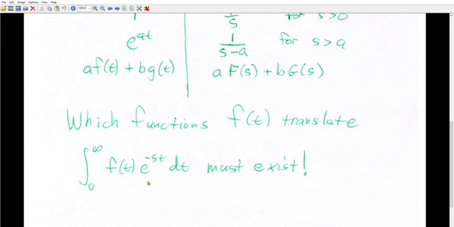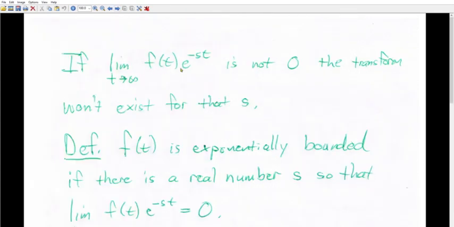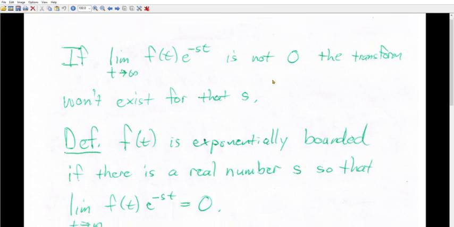One of the things that you may recall from calculus is that an integral from 0 to infinity is not going to converge unless the integrand goes to 0 as t goes to infinity, and that gives us sort of our first condition. This limit cannot be anything besides 0, and if the limit is not 0, the transform won't exist.